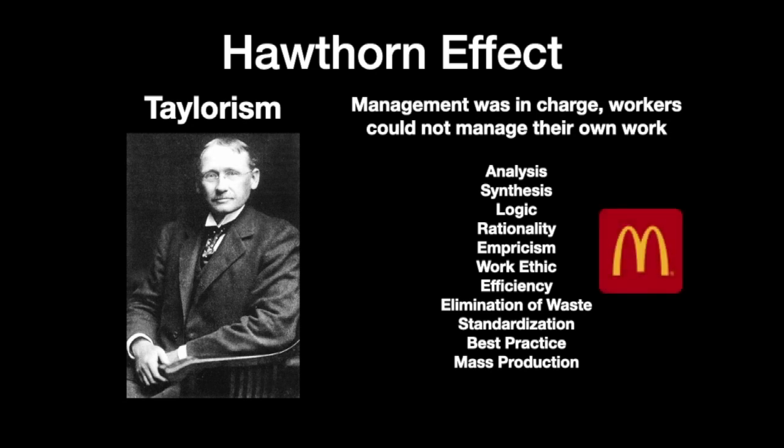So you have the McDonald's symbol here, and McDonald's, to almost an nth degree, embodies Taylorism, with analysis and synthesis and logic, and how things get done in the store, how the store is arranged. Anybody can find their way in a McDonald's store. They know where everything is because they're all made the same. The McDonald's system really gave birth to franchising and all that has happened from that point.